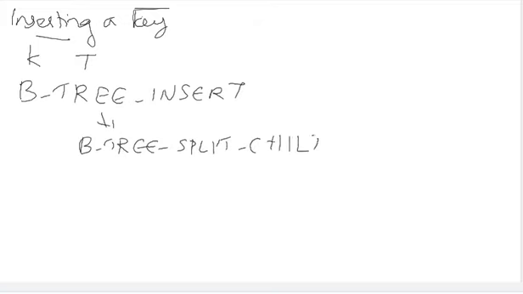That is to ensure that when we are trying to insert, the node is not a full node. If it is a full node, then this procedure will split it into two and then insert. And we know that inserting happens only at a leaf node.